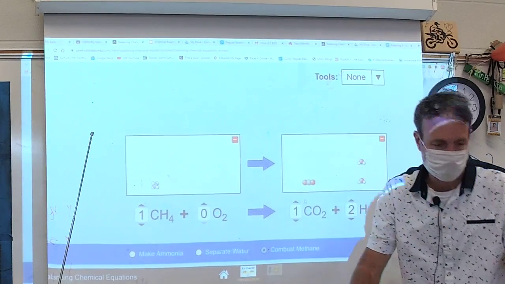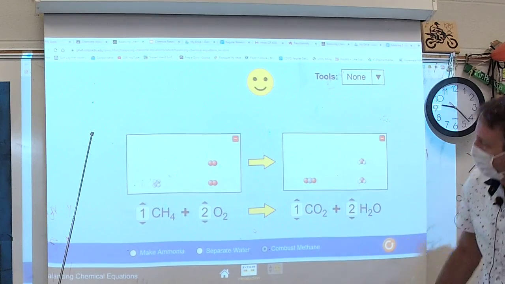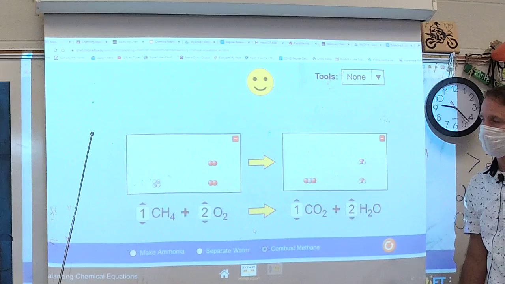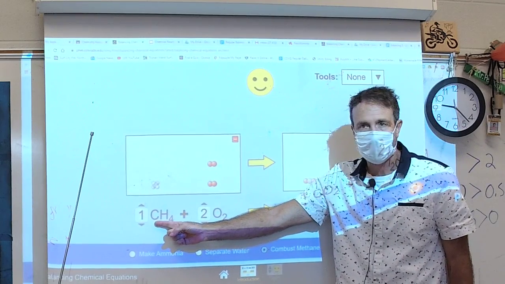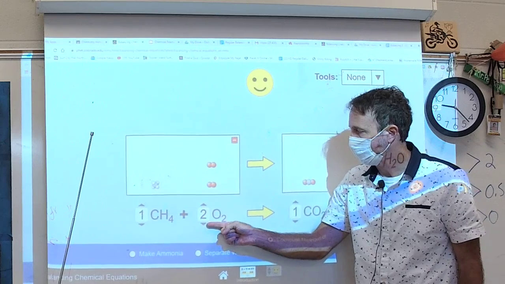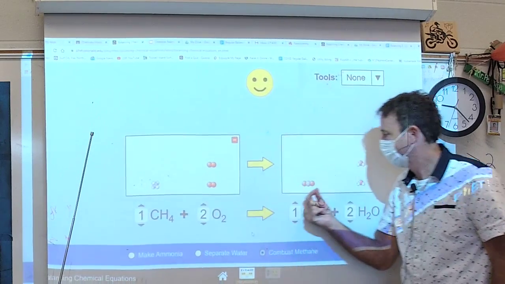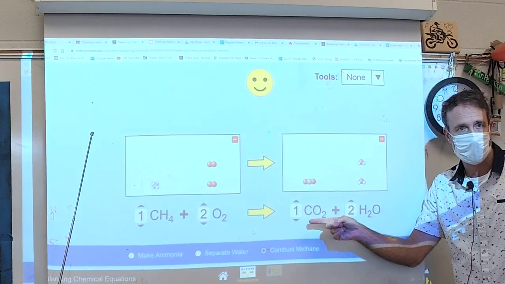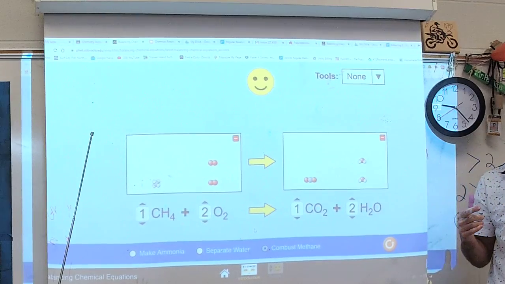That's right. They only come 2 at a time, so we go 1, 2. Well, we're done. We don't have to do anymore. It lit up. We have 1 molecule of methane and 2 molecules of oxygen. They have the exact same amount of atoms as 1 molecule of carbon dioxide and 2 molecules of water.